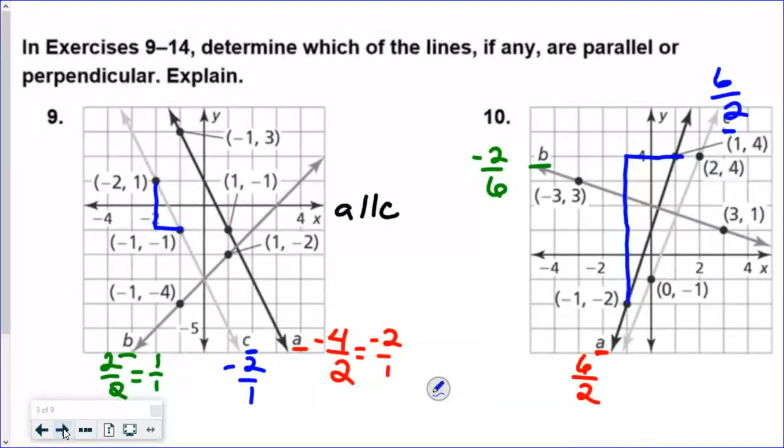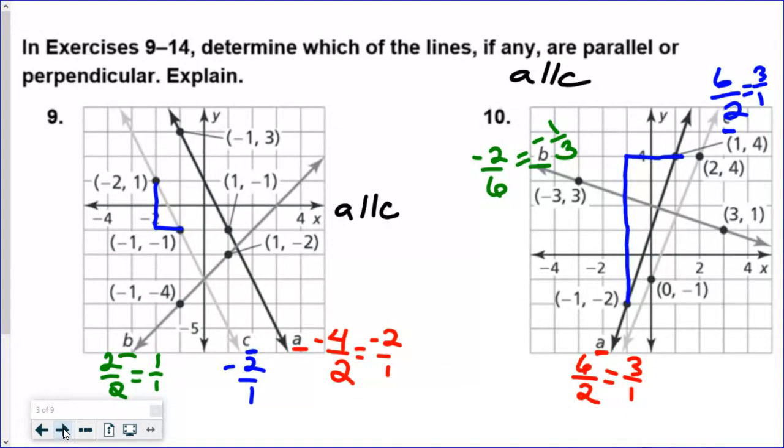Okay? Now I'm going to reduce these. So this becomes 3 over 1. If I reduce it, this also becomes 3 over 1. So do you see the red line A is parallel to the blue line C? Perfect. Now, this reduces to negative 1 over 3.